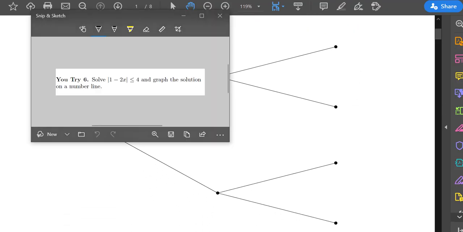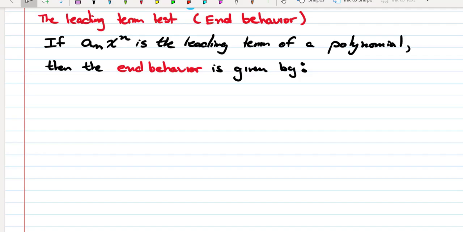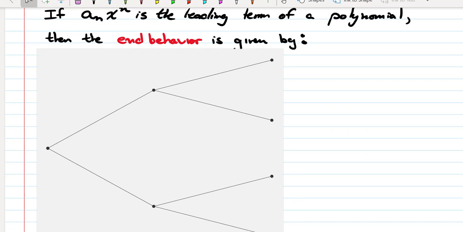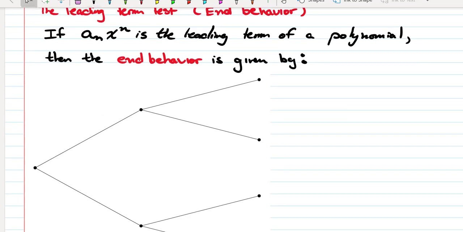And I'm going to grab this diagram so that we can write on it. So what this is going to be is a flow chart or a choice chart. So we have our leading term is an x to the n, and it's going to depend on these things.